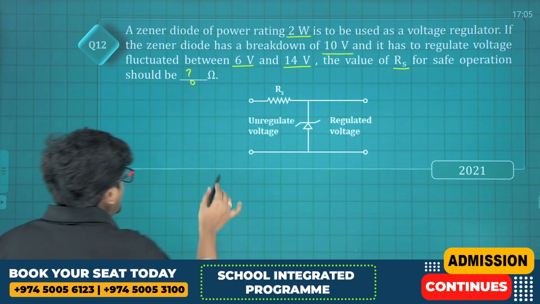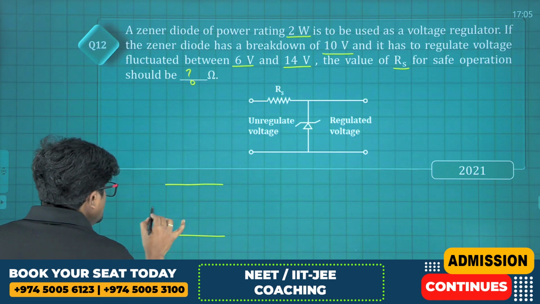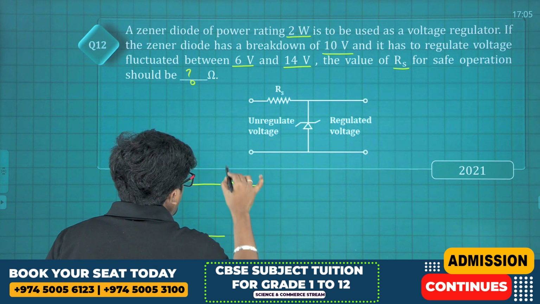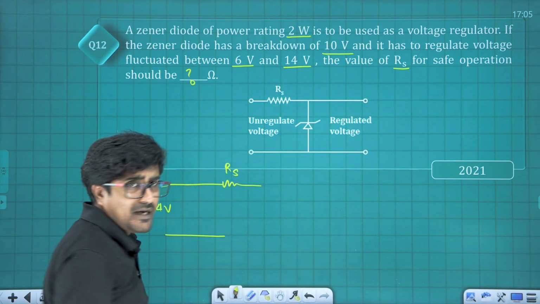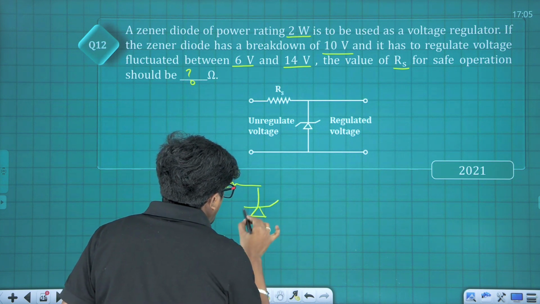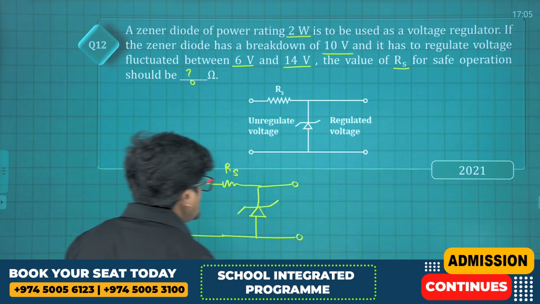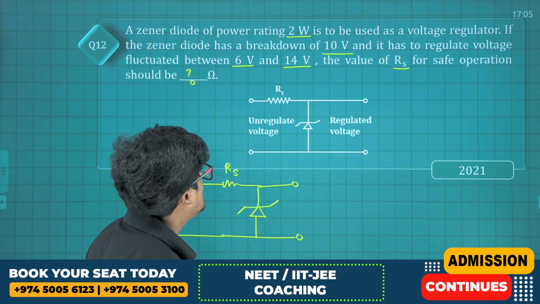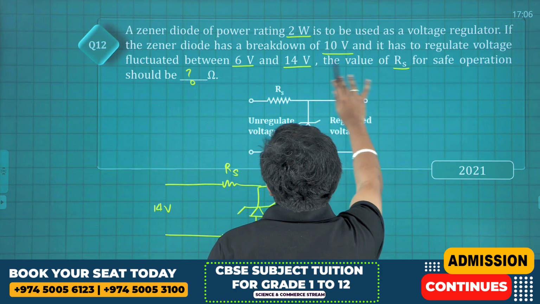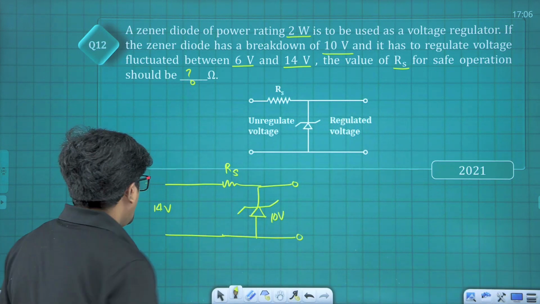So here the circuit is expecting a maximum of 14 volt. Here this is Rs, and we have a Zener diode here, and this is the point across which we want to maintain voltage regulation. The Zener breakdown voltage is 10 volt.